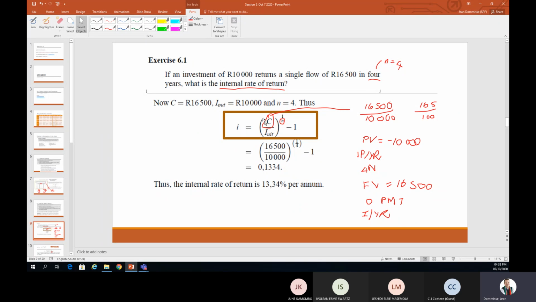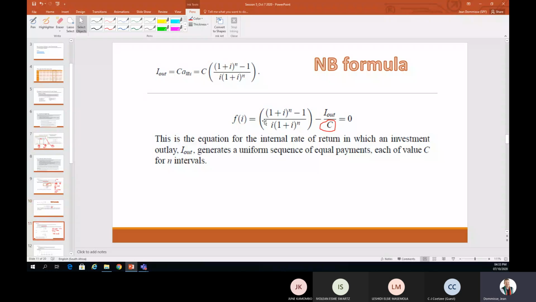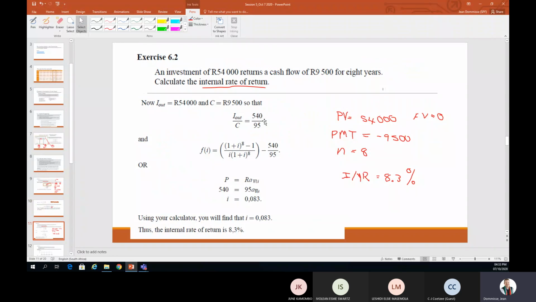We didn't need the payment per month or per year, and we could work out the interest. Then we had one where we had a monthly return or cash flow from an investment that you made, and we needed to see what the internal rate of return is.